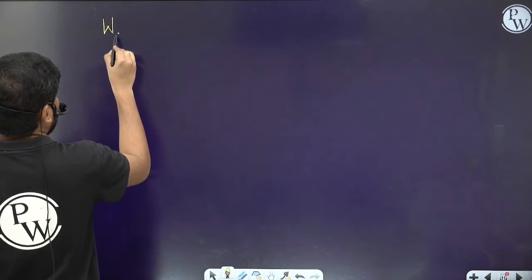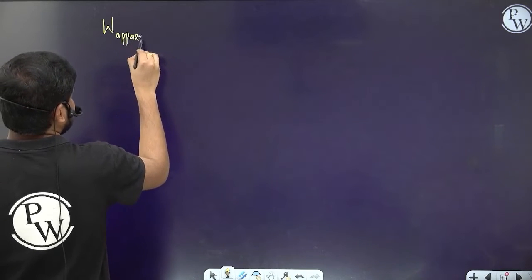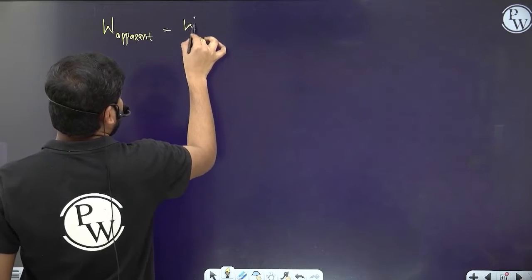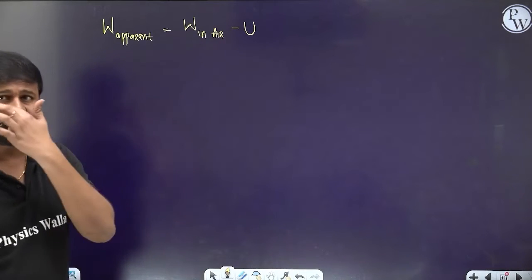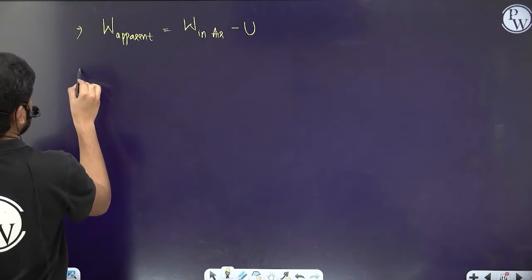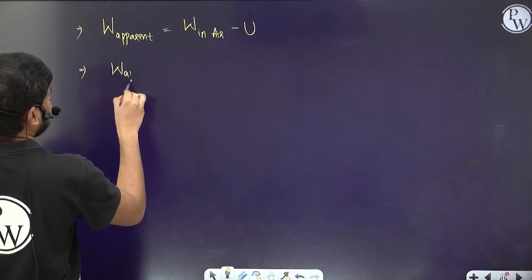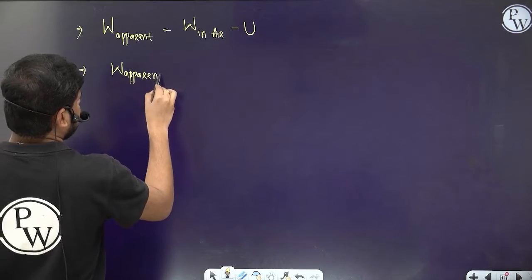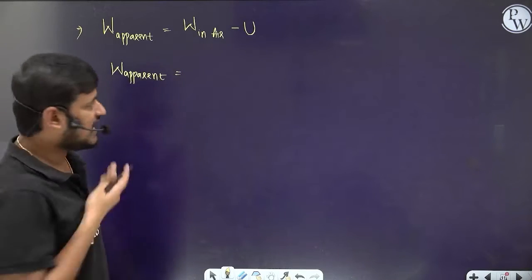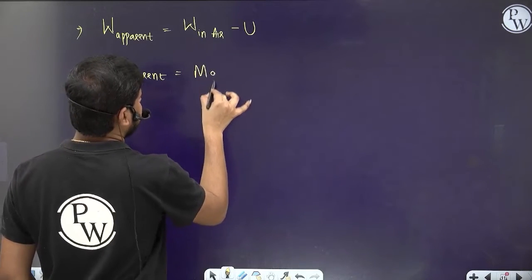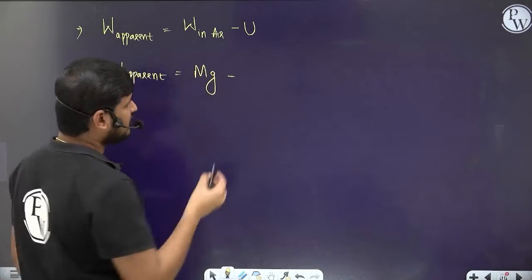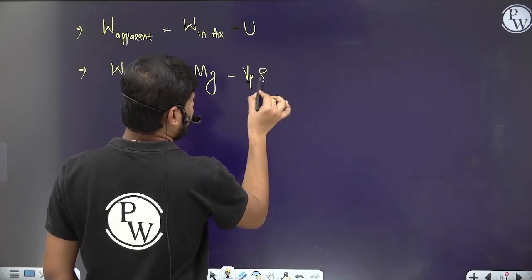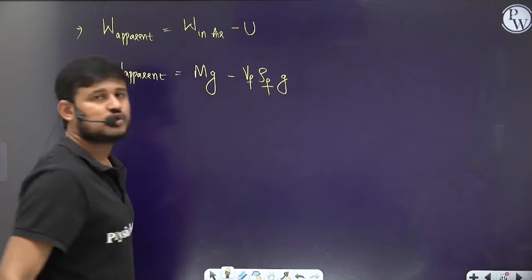Chalo. So the apparent weight is equal to the weight in air minus the upthrust. The actual weight in air is m into g, minus the upthrust formula, Vf rho f into g.